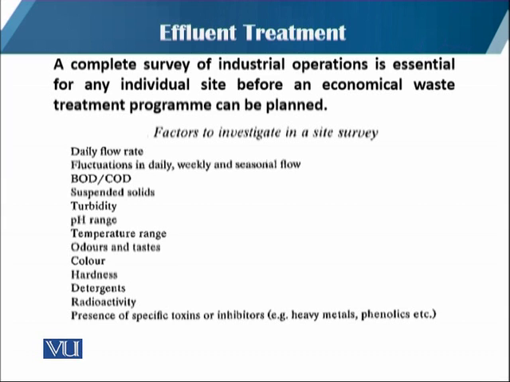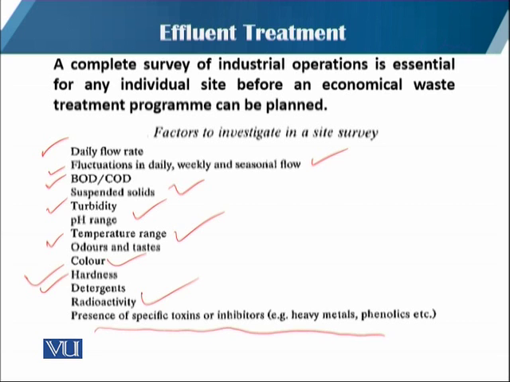The factors to investigate in a site survey are the daily flow rate, fluctuations in daily, weekly and seasonal flow, BOD and COD ratio, suspended solids, turbidity, pH range, temperature of the effluent, odor and taste, color, hardness, detergents, radioactivity, presence of specific toxins and inhibitors, and some heavy metals and phenolic compounds.